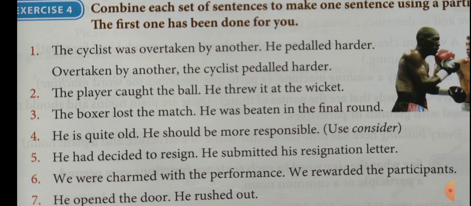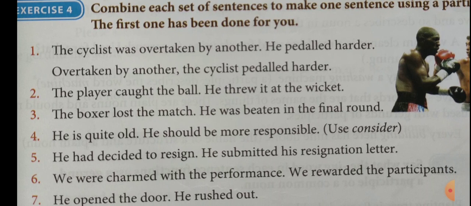This is very important. How do these two sentences combine into one? The cyclist was overtaken by another. He pedaled harder. So here, overtaken by another.